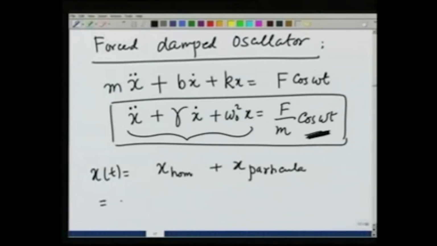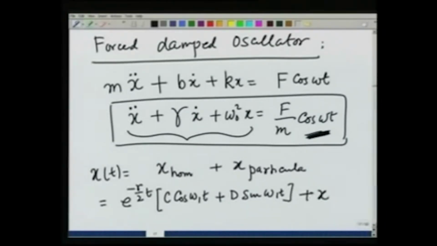In general, this therefore would be e raised to minus gamma over 2 t, this we have solved in the previous lecture, C cosine of omega 1 t, where omega 1 is slightly different from omega 0, plus D sine of omega 1 t. This is the homogeneous solution plus x particular(t).